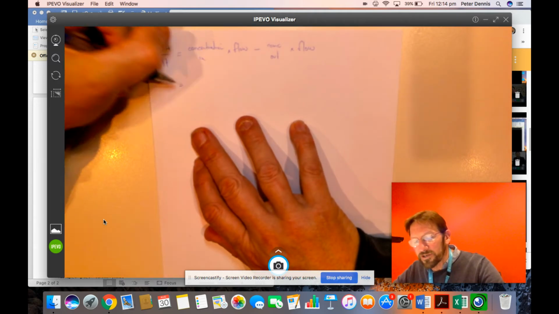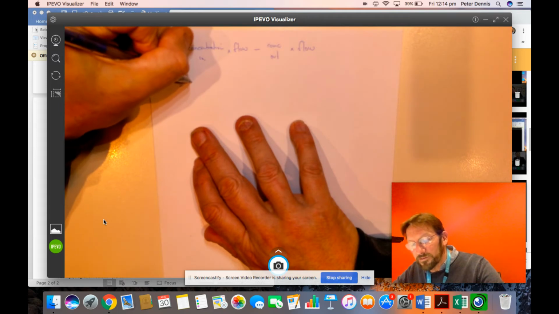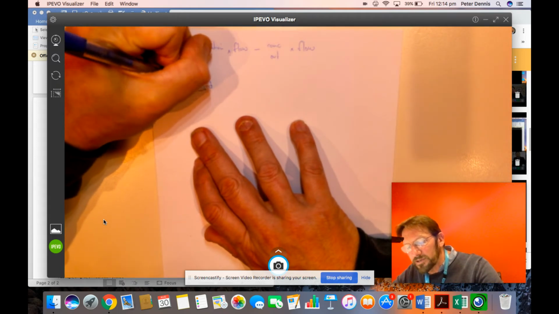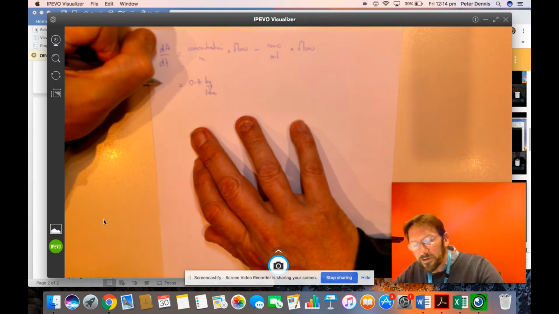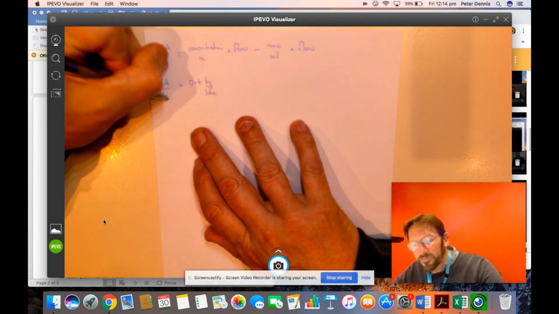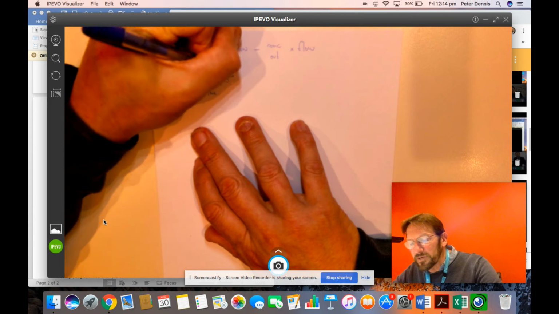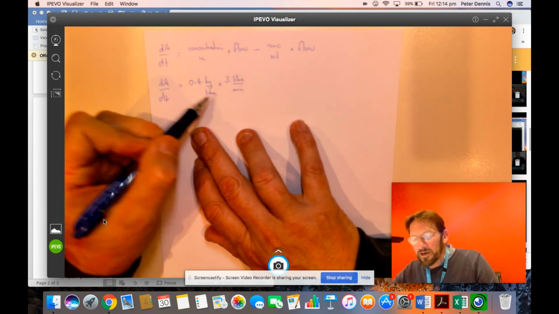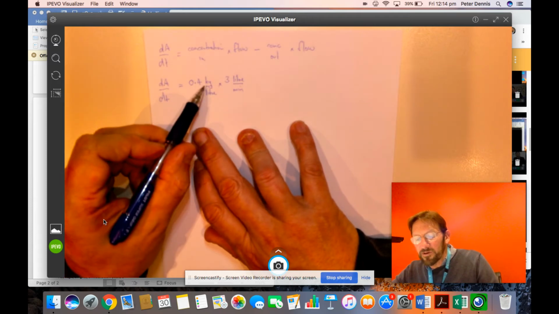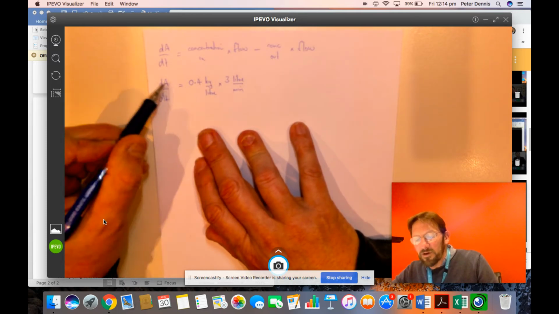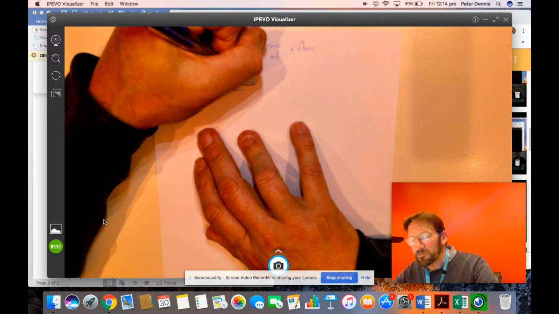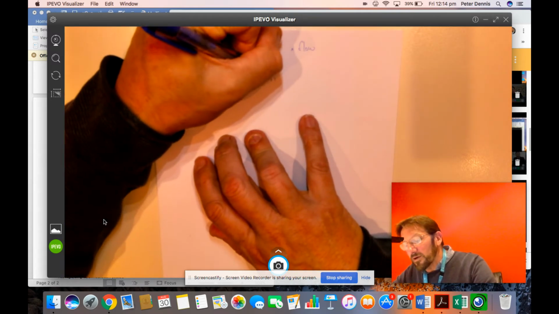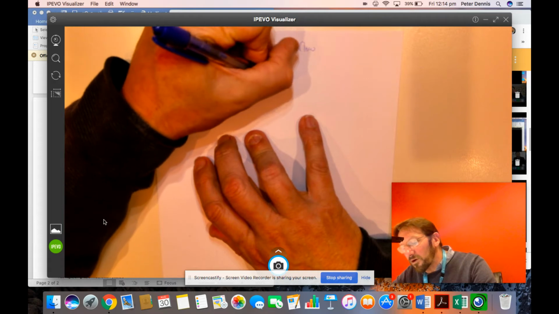What's our concentration in? The concentration was 0.4 kilograms per litre, times our flow, which was 3 litres per minute. And again, the litres cancel out, and we've got amount over time, which is exactly what we want. The concentration going out is going to be our A of t over the volume.